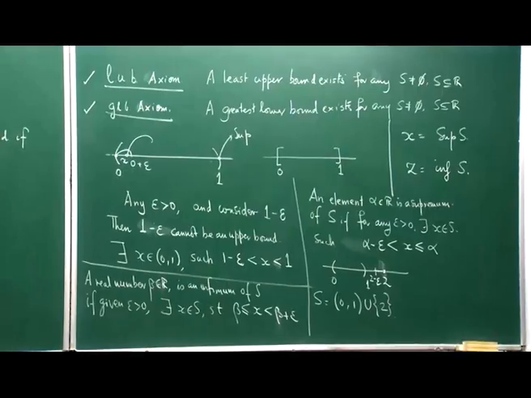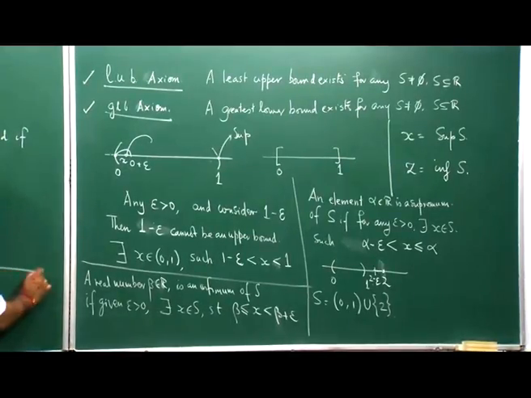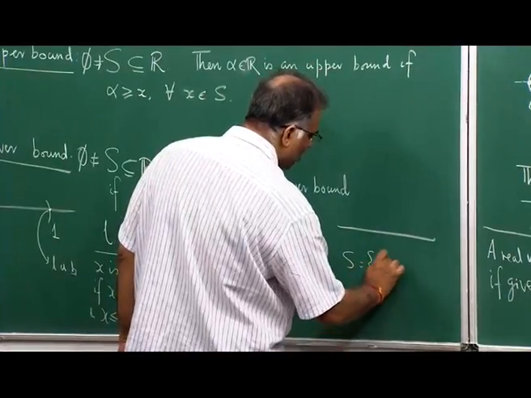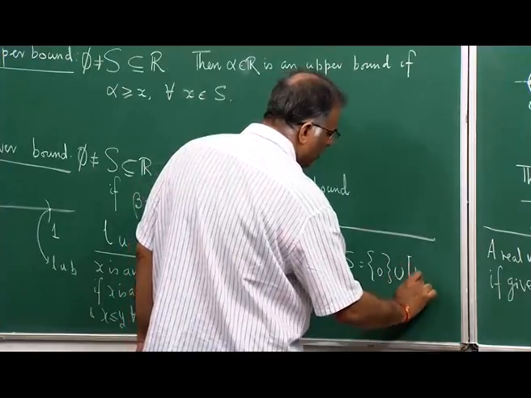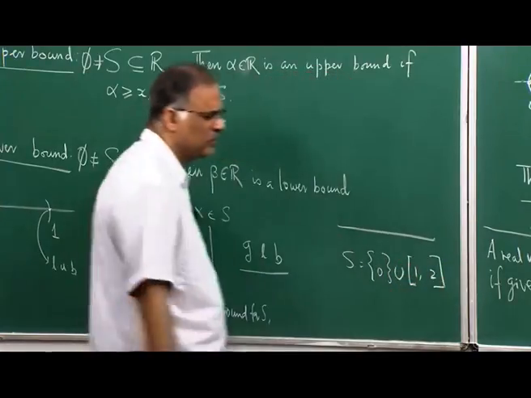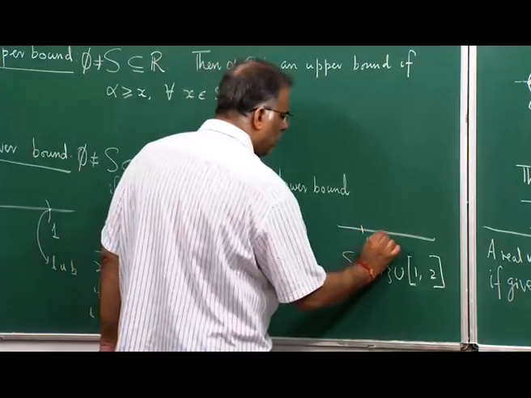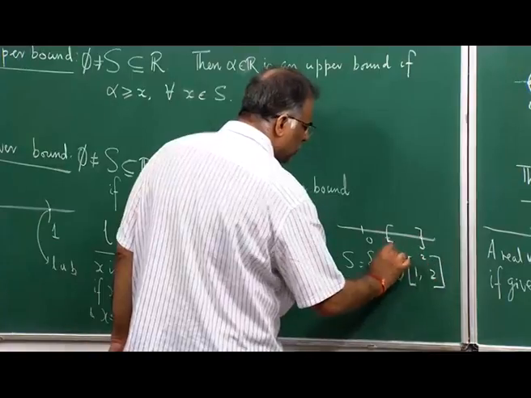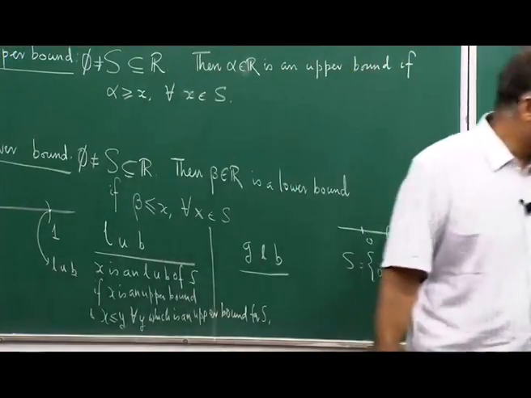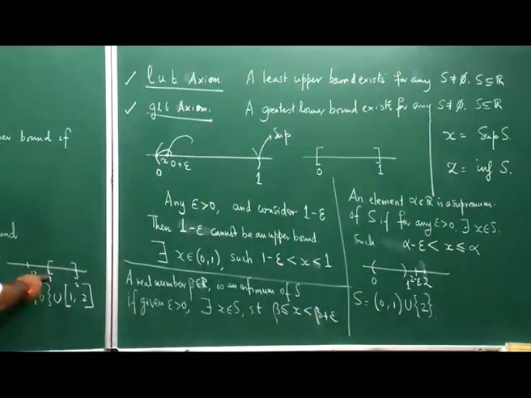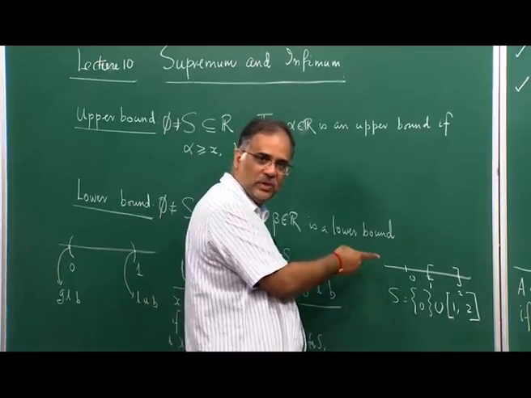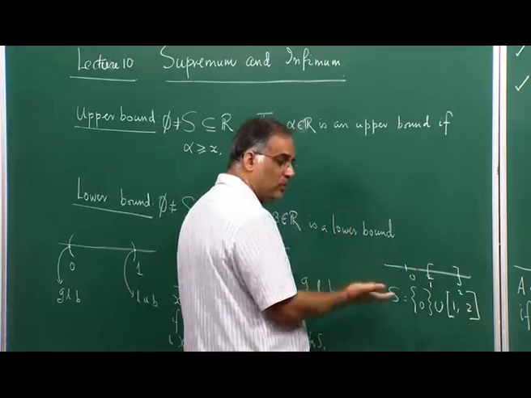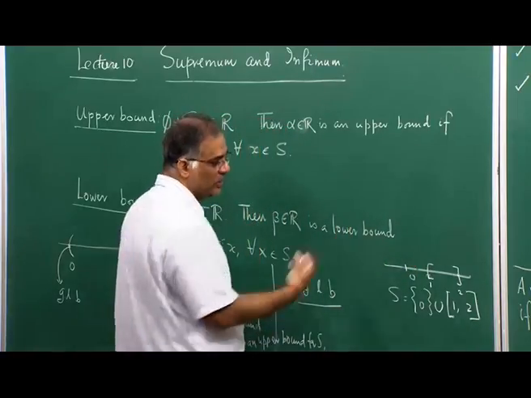Again you could have a similar situation, where the set S is 0 union the closed interval 1 2. So, you know 2 is the supremum, and in this case 0 is the infimum, but 1 is not the infimum. 0 is the greatest lower bound, because say half is not a lower bound, since 0 is less than that.